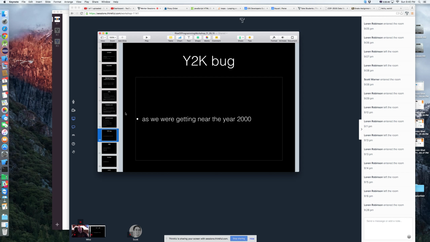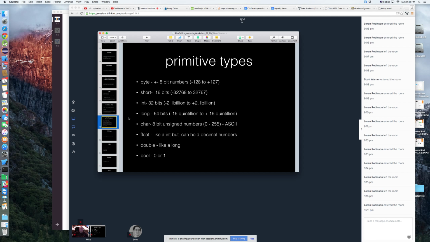Now, with that in mind, many programs that we were using in the late 90s had been written significantly before that. And those programs were written during a time period where memory was at a premium. Memory was very expensive, so developers had to decide how big of values to use to hold data.